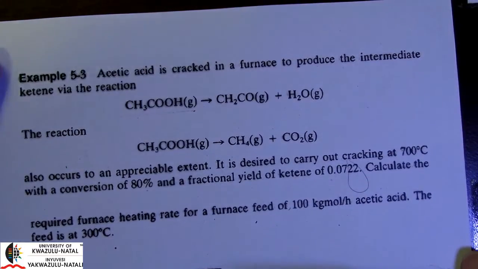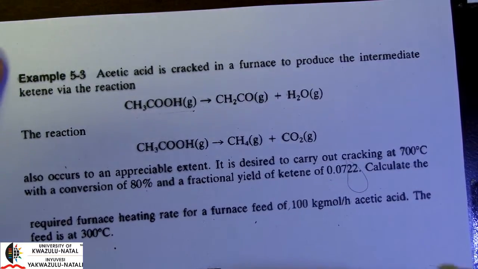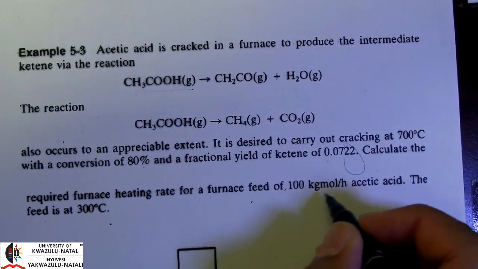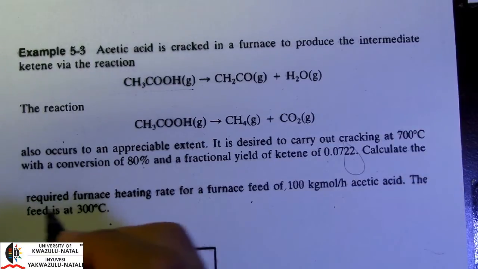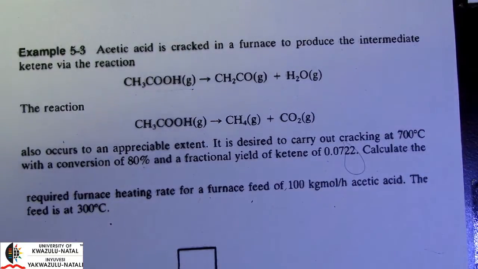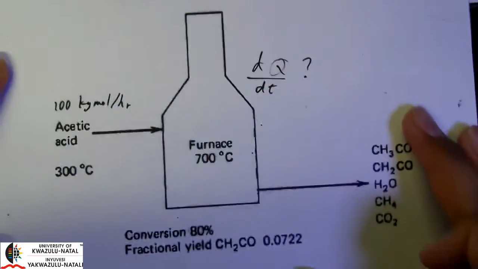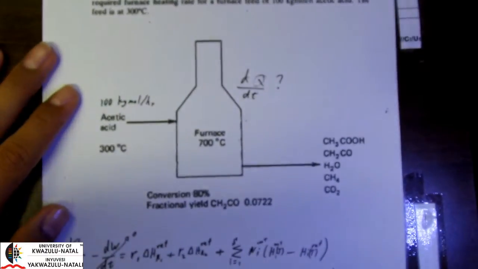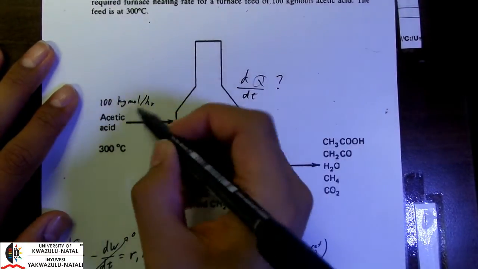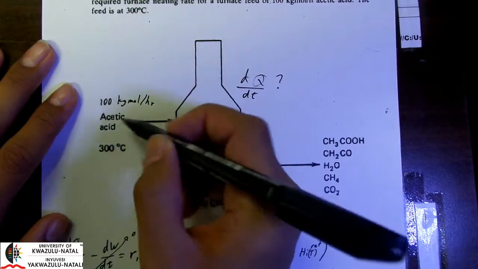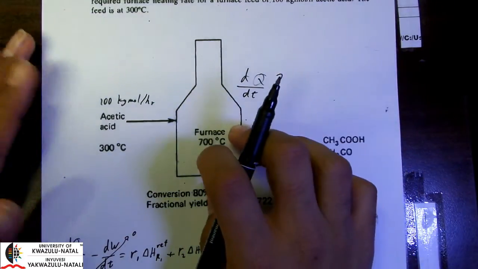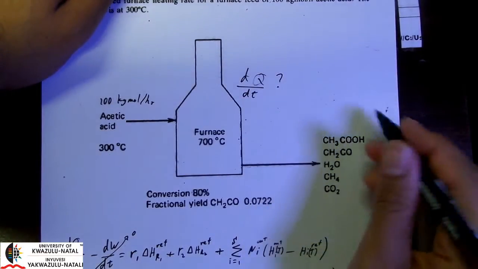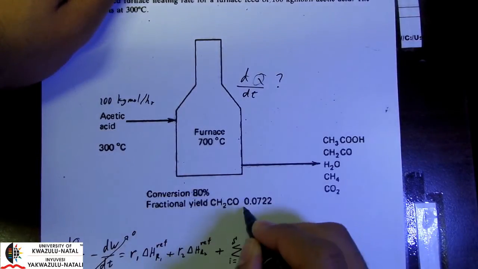And they want us to calculate the required furnace heating rate for a furnace feed of 100 kilomoles per hour, and the feed is being input at 300 degrees Celsius. Okay, so we have a furnace, and here's my acetic acid, 100 kilomoles per hour and 300 degrees, and it's being burned in this furnace, and we're getting the following outputs, and we have the following conversion and yield.